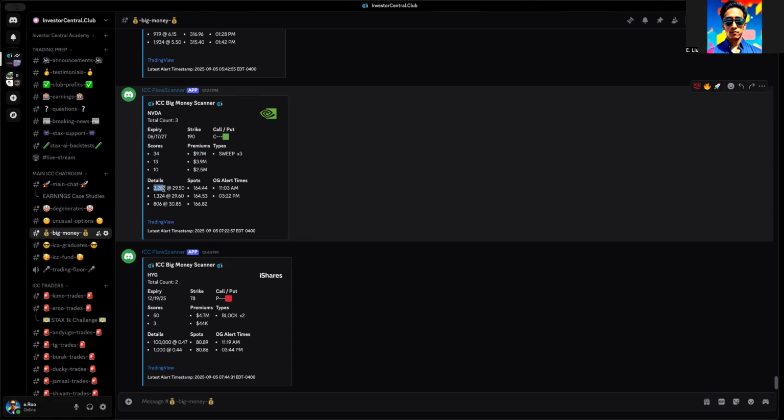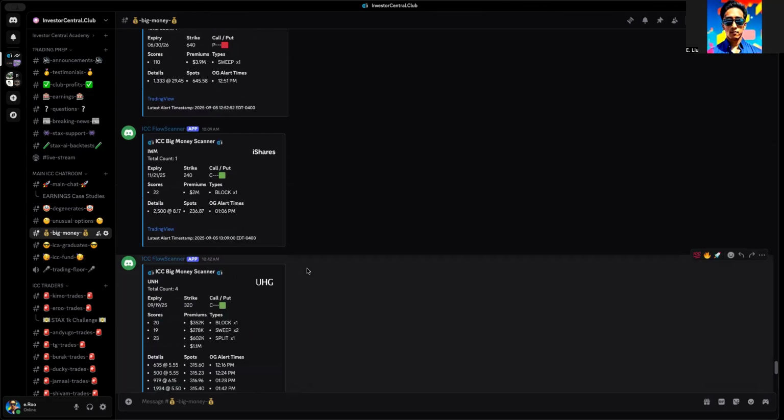You'll see the details of it, how much they purchased, how many contracts they purchased, at what price, the spot of the equity. So Nvidia was trading at 164.44 when this happened at 11:03 a.m., keep in mind this is here over in the West Coast Pacific time. And then you'll see that it actually had two more where they did purchase more, and the additional information for that being put on here.